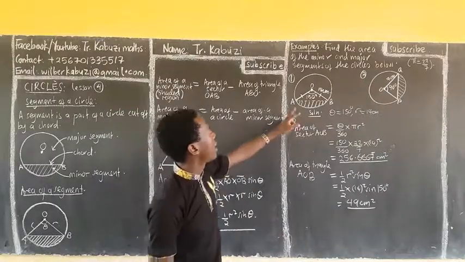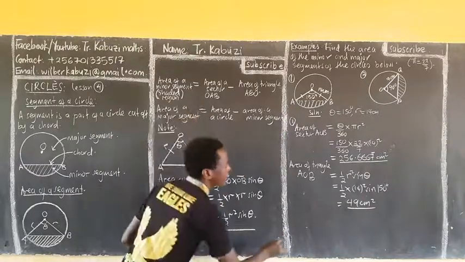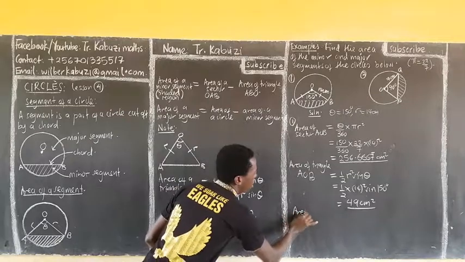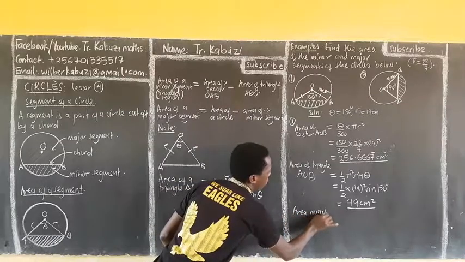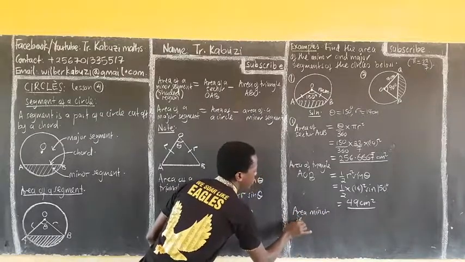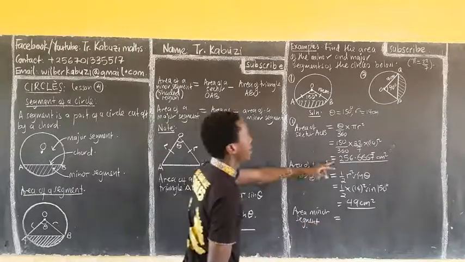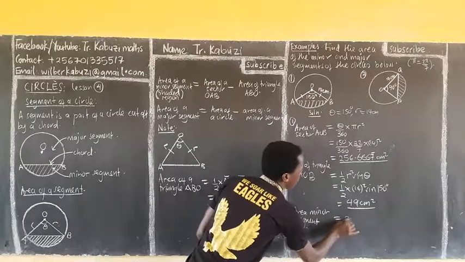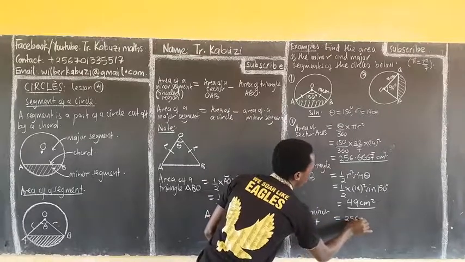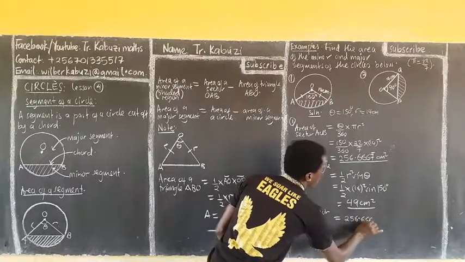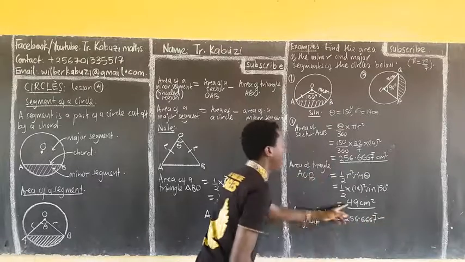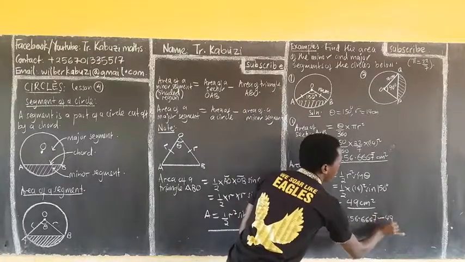So now, to get the area of the minor segment, we say it's going to be the area of the sector, 256.6667, then minus the area of that triangle, 49.